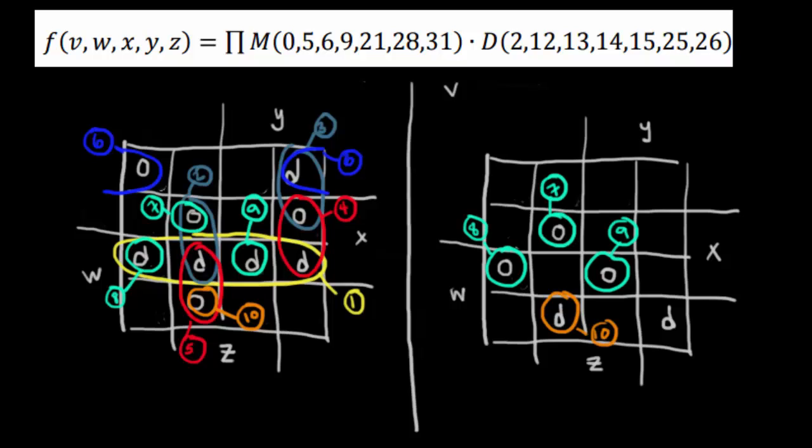Okay, so what happens next? So next, we are going to mark with an asterisk all the important or all the essential members. So the essential members are the zeros or ones that are only grouped with one group. So we, again, start by looking at each and every zero in this case and see if they have only one group.